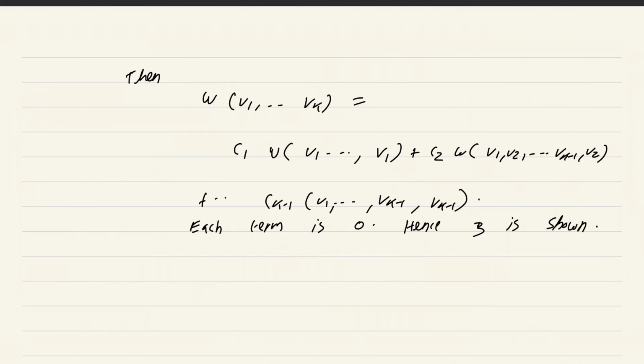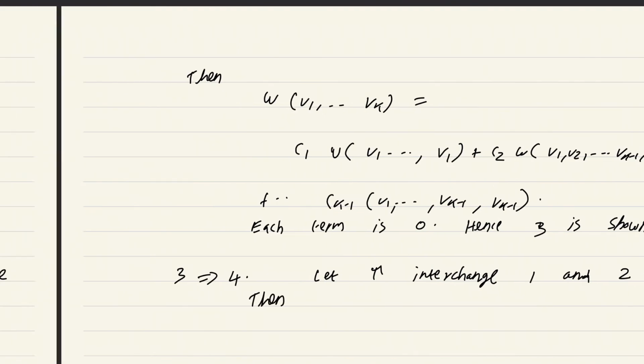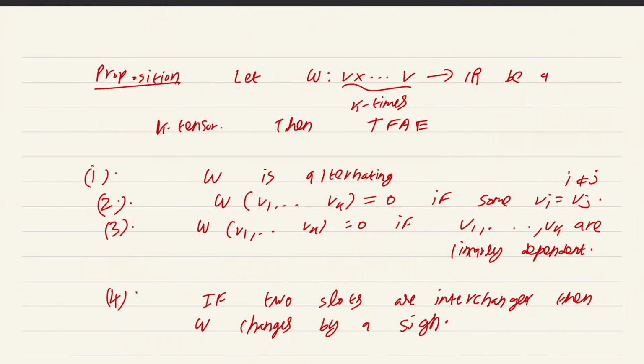So for 3 implies 4, let tau interchange v1 and v2. The hypothesis 3 says that if v1 to vk are linearly dependent, then omega of v1 to vk is 0.